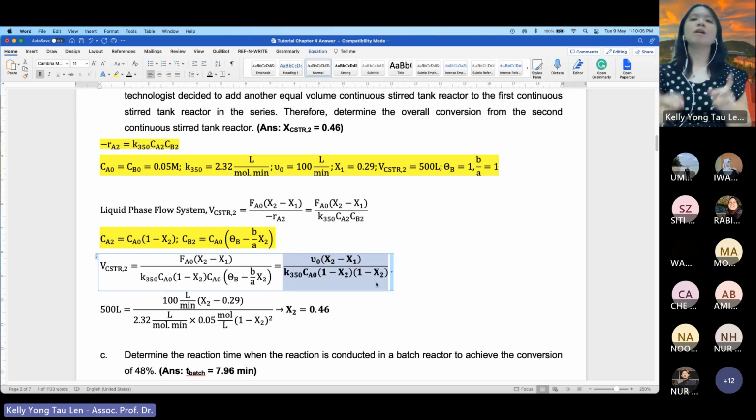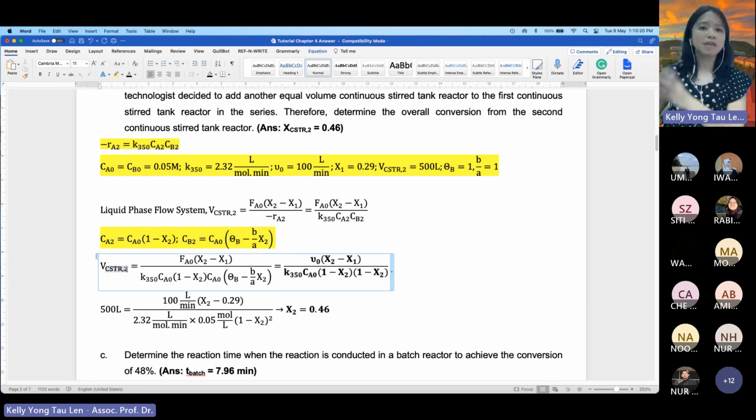So again, bila kamu nak solve mathematical equation, kamu dah tahu apa yang kamu nak, what you want is X2. The rest you have to find the numbers first. Okay, so the volume CSTR2 I already know is 500 liters, but dia kata my second reactor is equal volume to the first reactor, which is 500 liter. So left hand side dah settled.